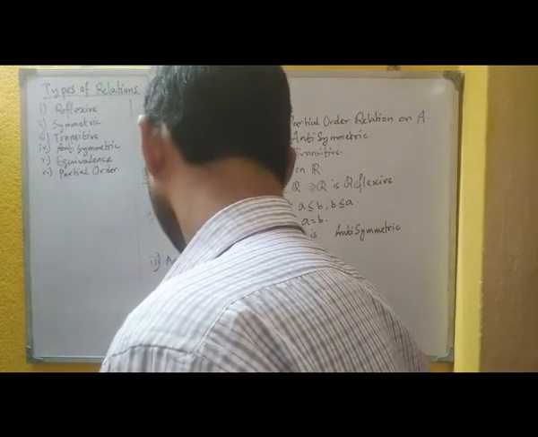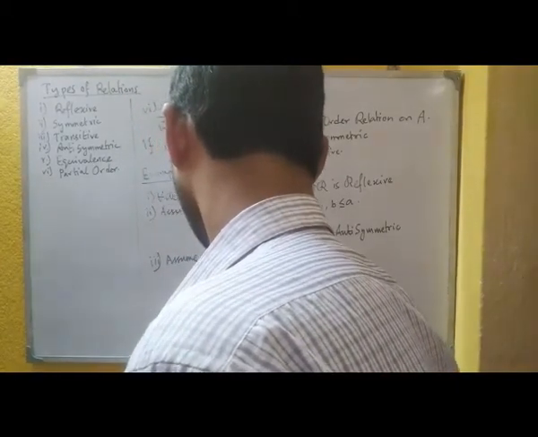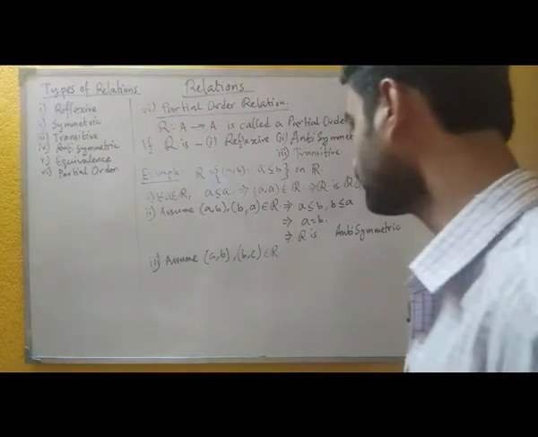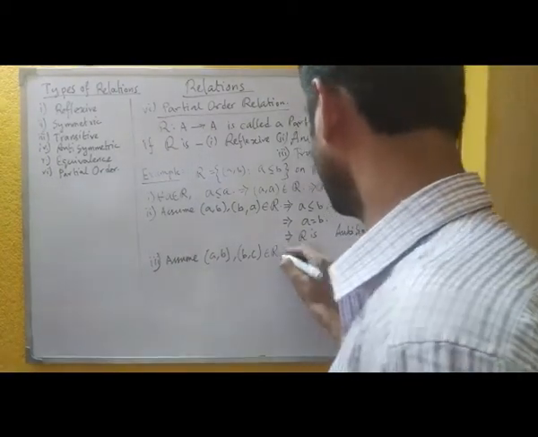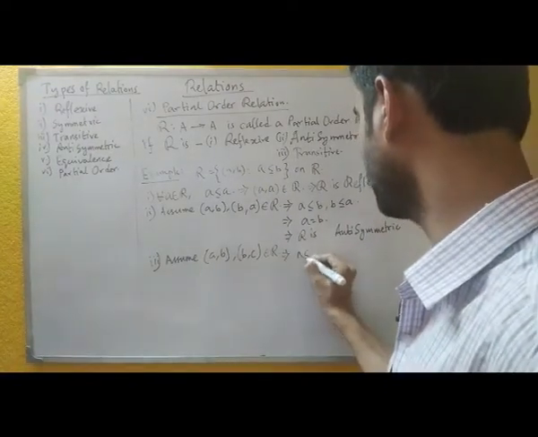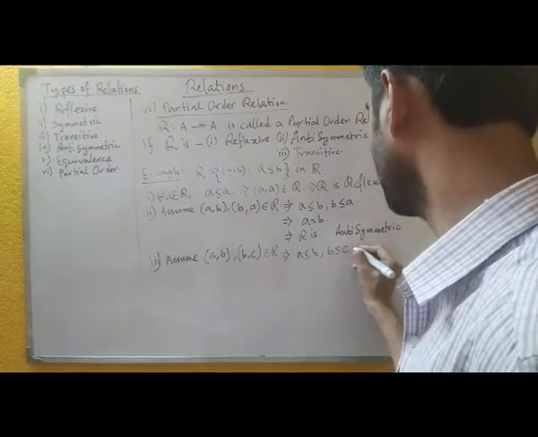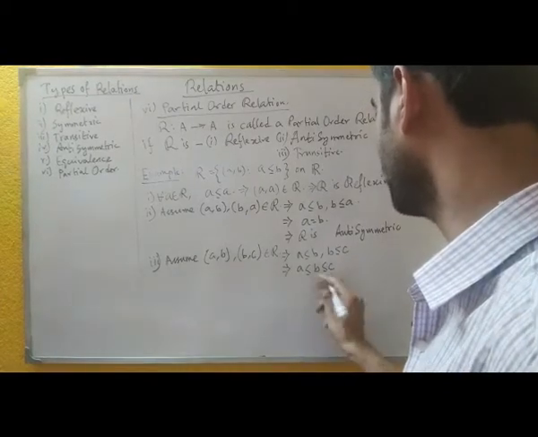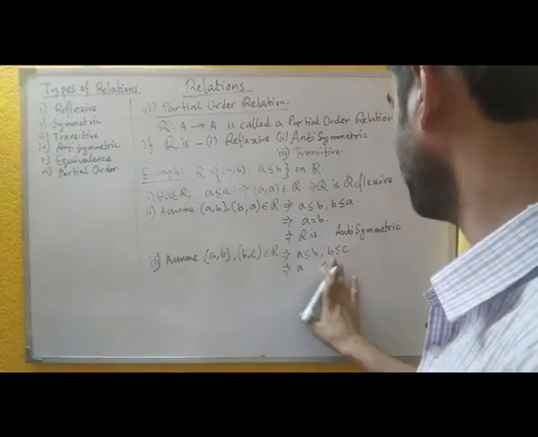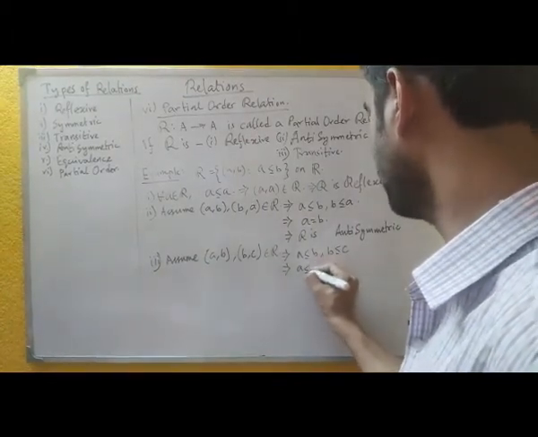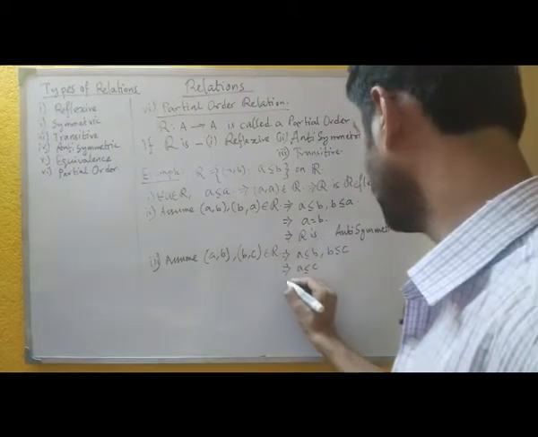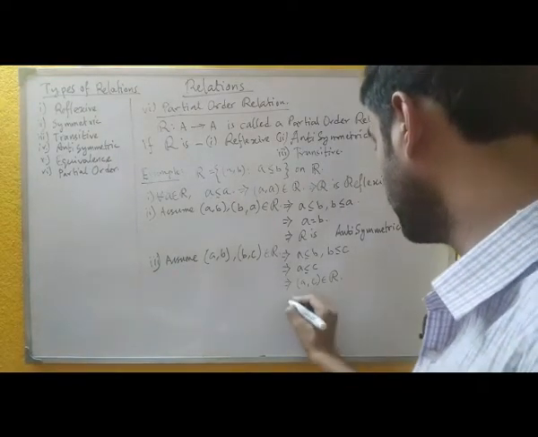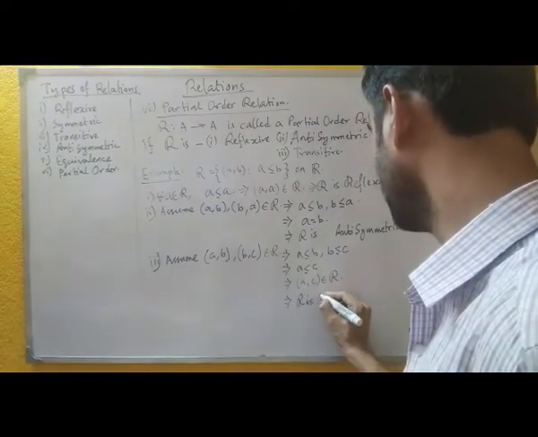Let us assume that (A, B) and (B, C) belong to R. Then by the defining criteria we can say A is less than or equal to B and B is less than or equal to C. So combining these two, A is less than or equal to B less than or equal to C. Removing B from here, you can write A is less than or equal to C, and that gives that (A, C) belongs to the relation R. So that means the relation R is transitive.